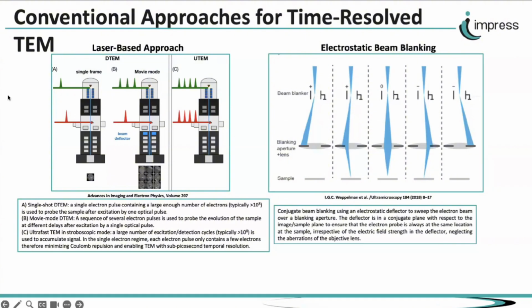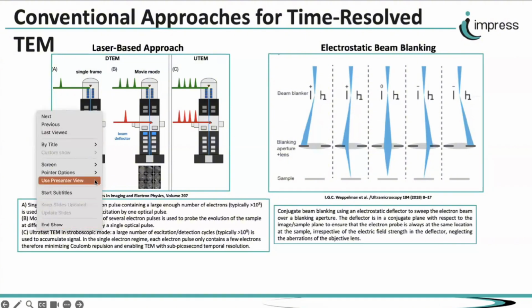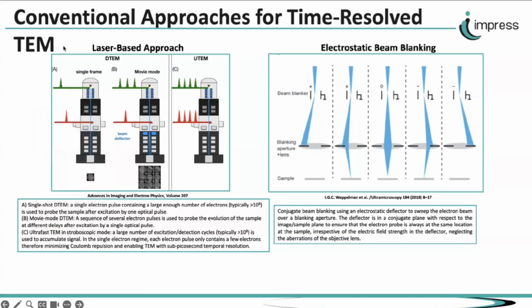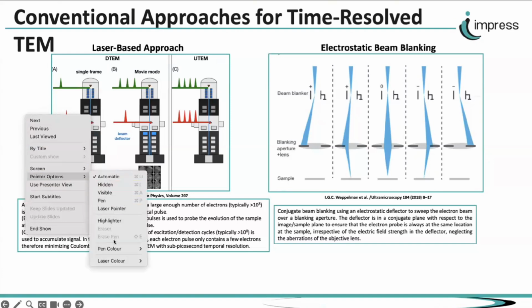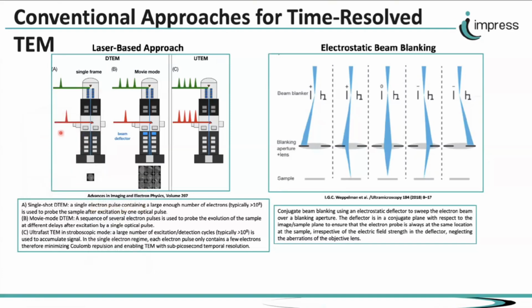And then you will synchronize your source pulse with your pump pulse. When you pump the sample with a stimulus, like let's say an electrical signal or laser pulse, then you will send a laser pulse to your electron gun, and then you will capture an image.